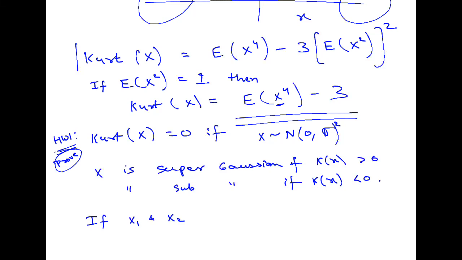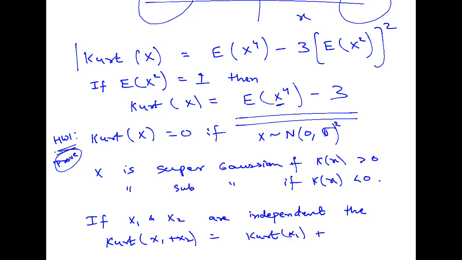Homework 2: if x1 and x2 are independent, then kurtosis of x1 plus x2 equals kurtosis of x1 plus kurtosis of x2.